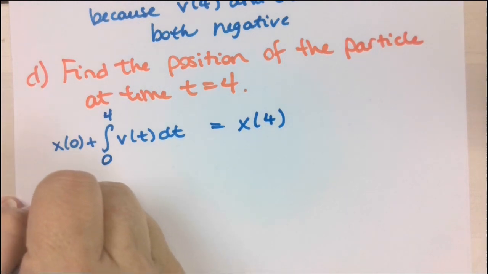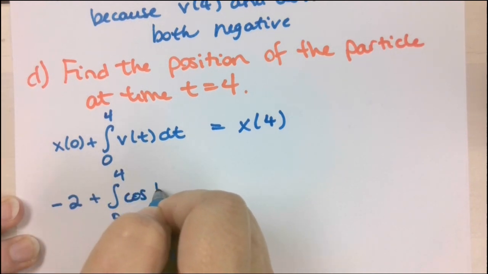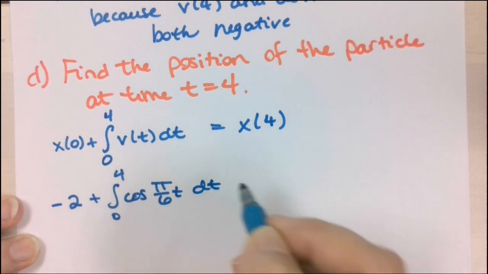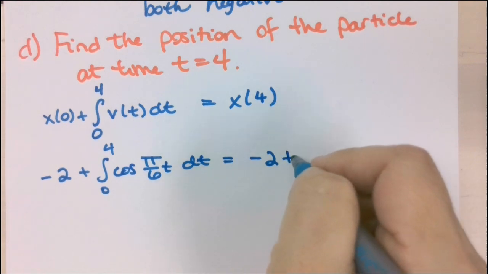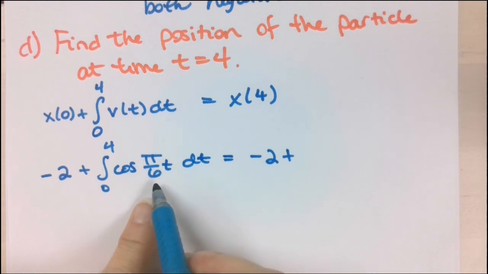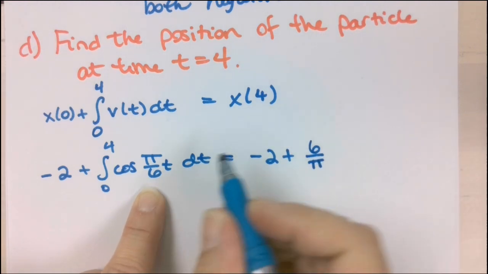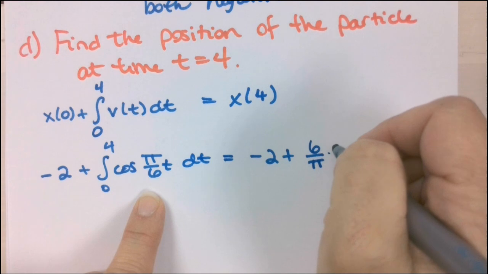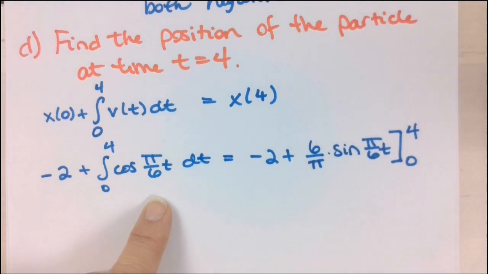Okay, so my position at 0 is -2 plus the integral from 0 to 4 of cosine of pi over 6t dt, which is equal to -2 plus the integral of cosine, which is going to be sine, but notice this is like a u-substitution. Our u would be pi over 6t, and the du would be pi over 6. So I'm going to need to multiply by 6 over pi, multiplying by the reciprocal, sine of pi over 6t from 0 to 4.